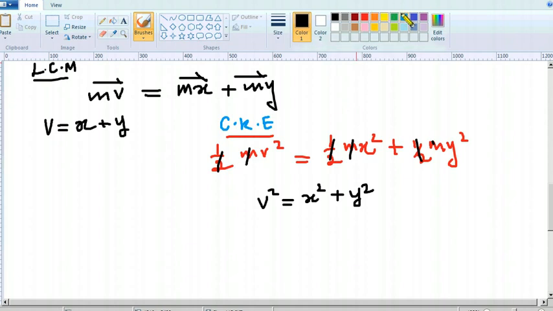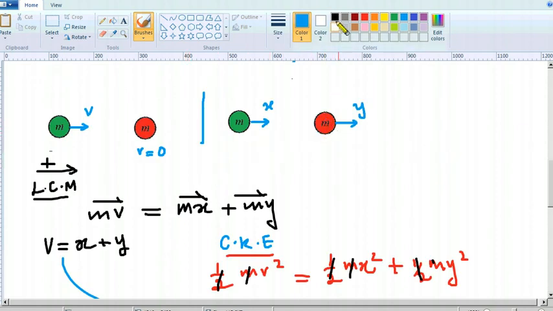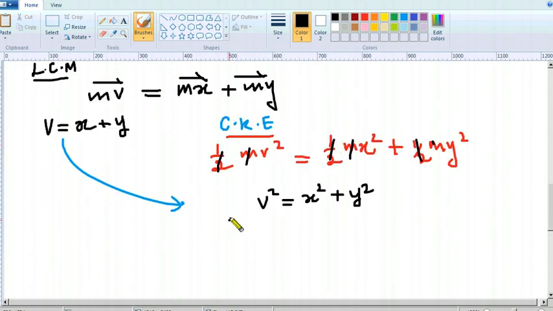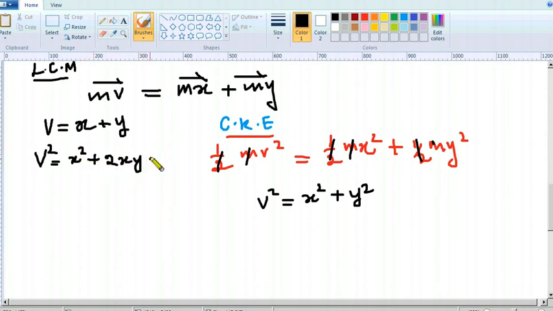So we have to now substitute from this equation. Children, what we are going to do is find the relationship between these three, v, x and y. So let's square this equation. V squared equals x squared plus 2xy plus y squared.